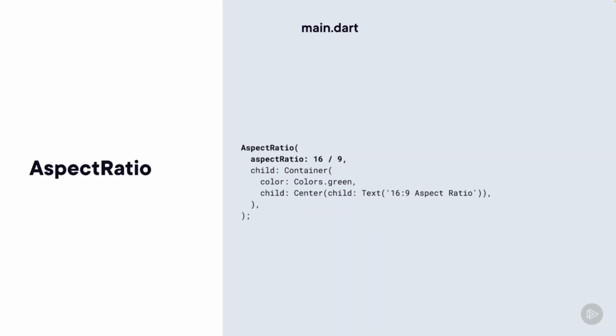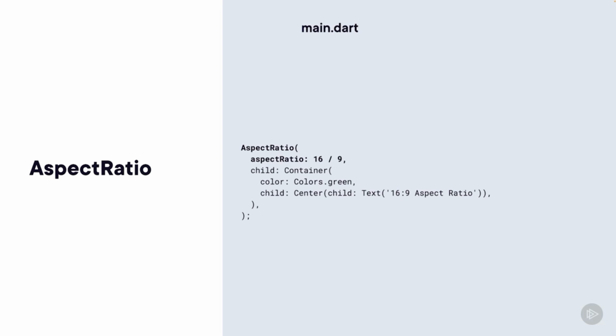Next is the AspectRatio, which is a widget for maintaining a specific width to height ratio in your layouts. It ensures that your widget always follows a predefined ratio, no matter how the surrounding layout changes. Here, we use the AspectRatio widget to maintain a 16:9 aspect ratio, which is common for video content.